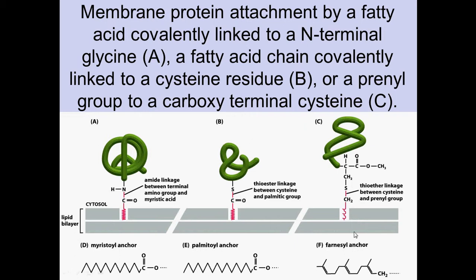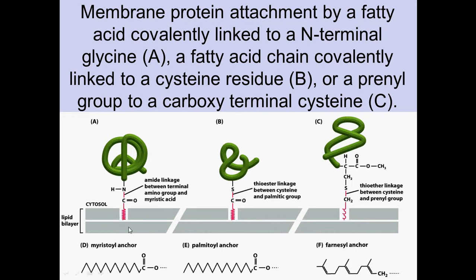And over here we have a hydrophobic chain being added to the amino acid. Over here we have glycine, and we have this myristic acid being added so it can anchor into the cell membrane. Inside the cell membrane, you have those hydrophobic tails.